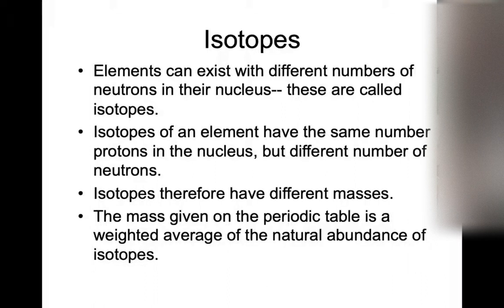And that natural abundance, we take the average, because if we scoop up a sample of an element, we have a lot of particles. And so that's going to represent the percentage of the main element plus the percentage of whatever those other isotopes are. So we're going to take a weighted average of all of those individuals.